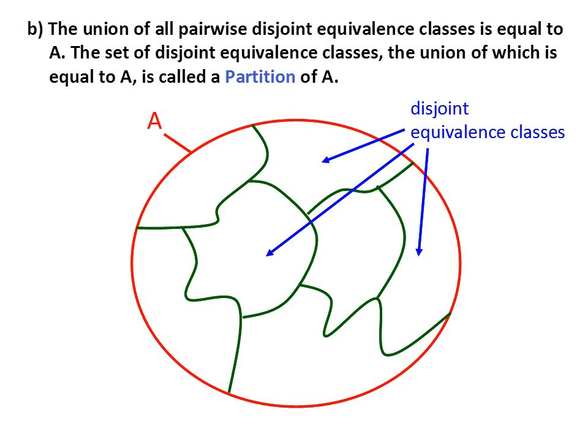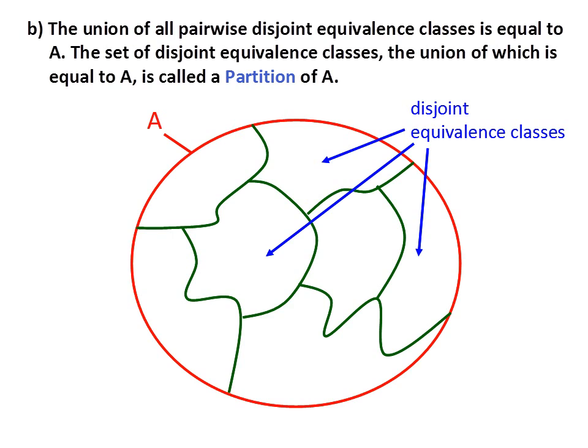Also easily proven is the other important theorem of equivalence relations. It's not done here. That is that the union of all equivalence classes is equal to the whole set A. As the equivalence classes are either pairwise disjoint or equal, and the union of all of them equals A, one speaks of a partition of the set A by R into these disjoint subsets that are its disjoint equivalence classes.